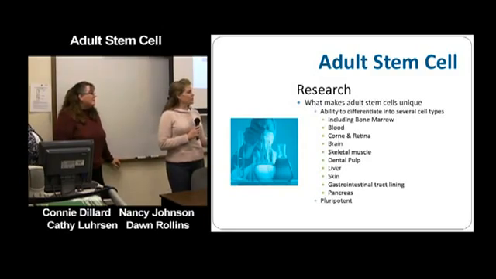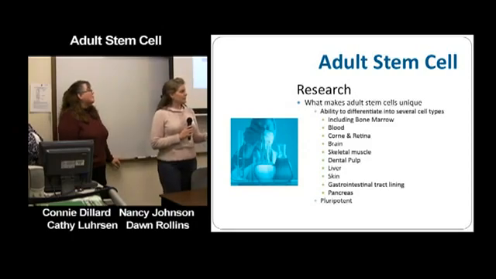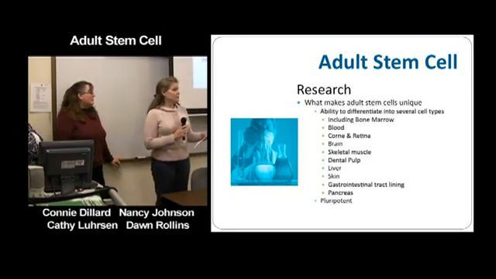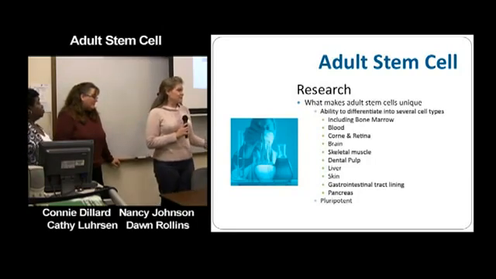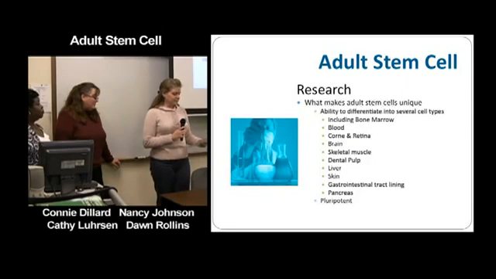Initially, researchers thought that only the umbilical cord and the embryonic stem cells were pluripotent, so it was an important point when they found out that the adult stem cells were actually like this, which made them much more important in their research.